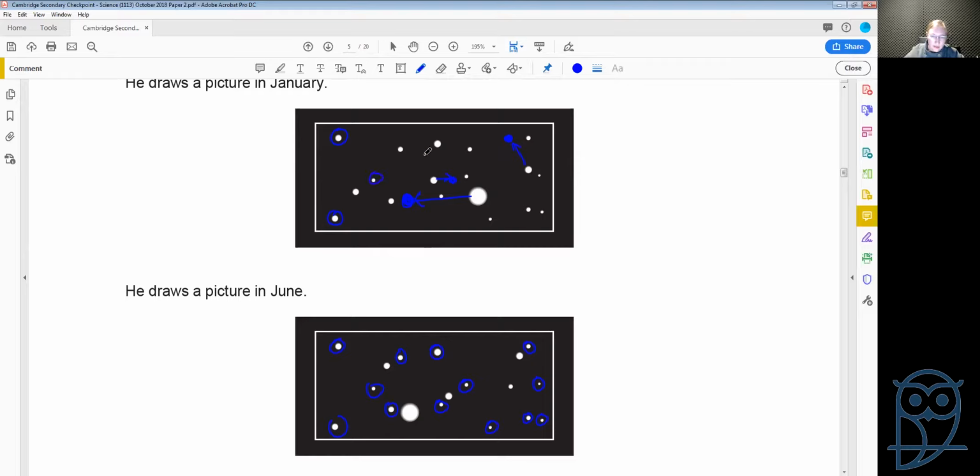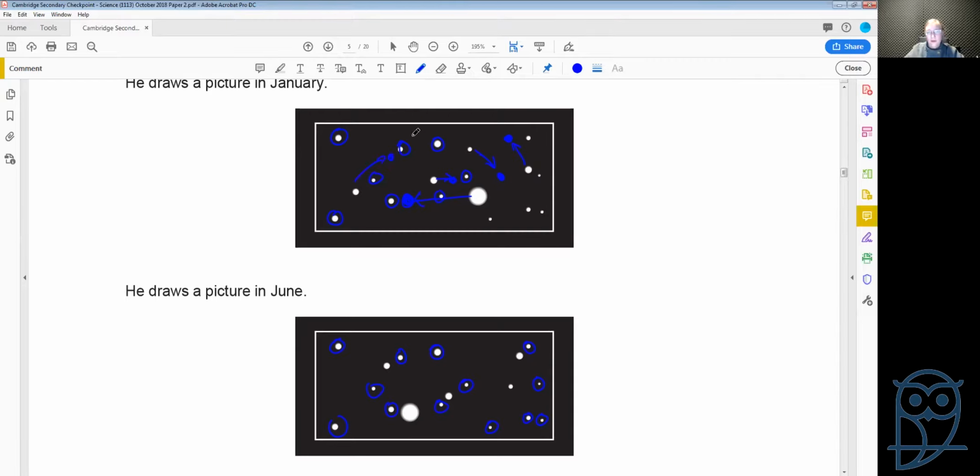That one's the same. Those are the same. Okay, so we've got this star here, which moved to over here. And then lastly, we have that star here, which moved to over here.